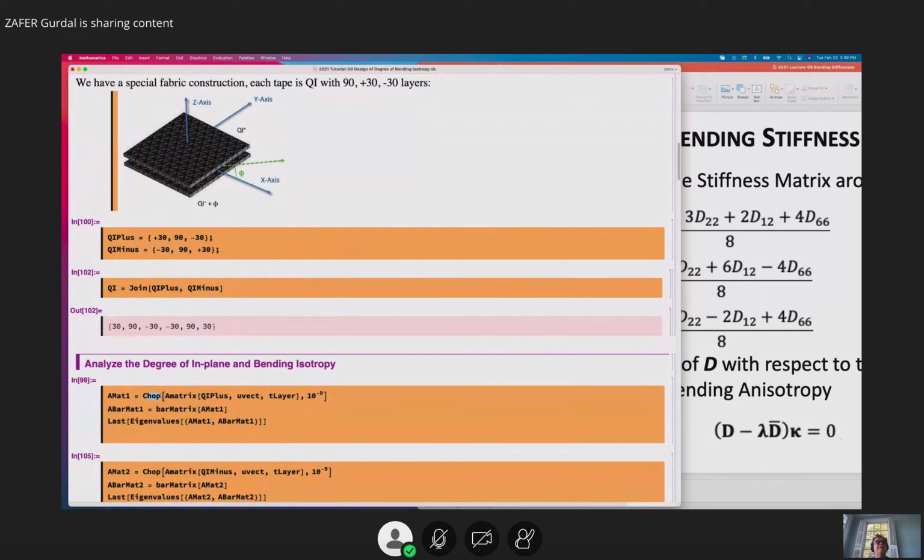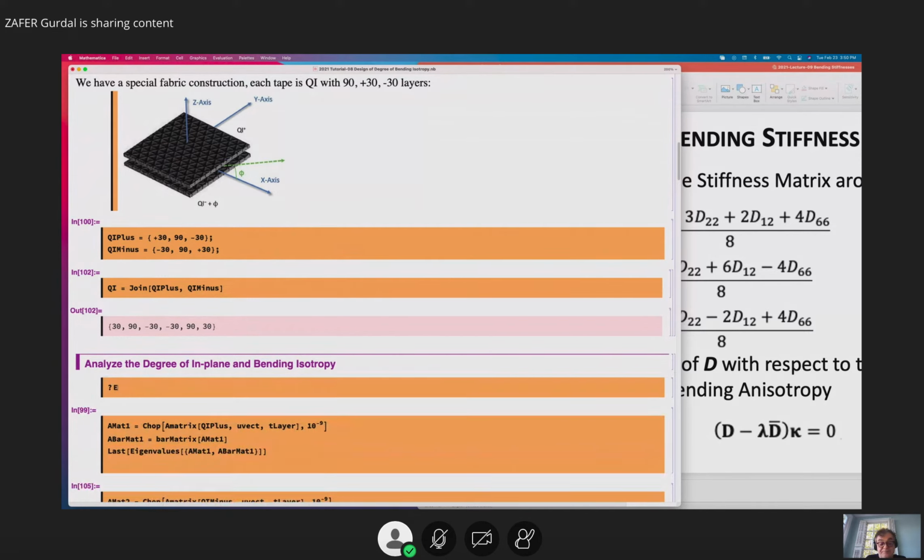If I do the A matrix of the QI plus, and then do the A bar matrix, and look at the eigenvalue of these two matrices, that gives you the generalized eigenvalue. So let me put the question mark.